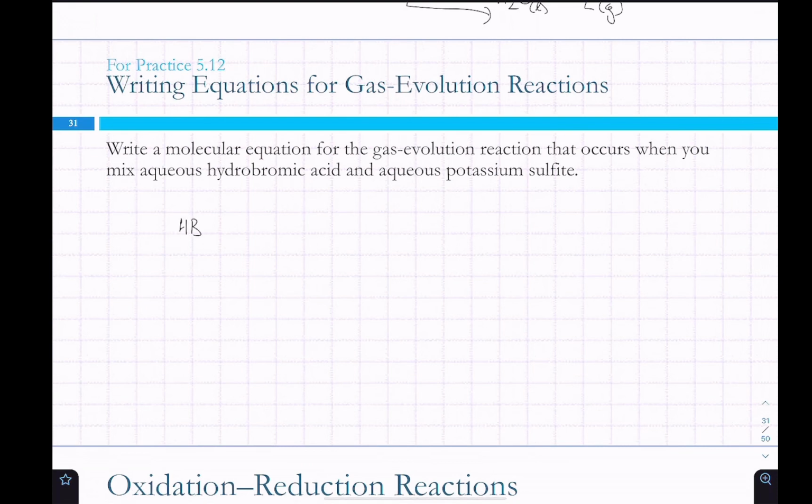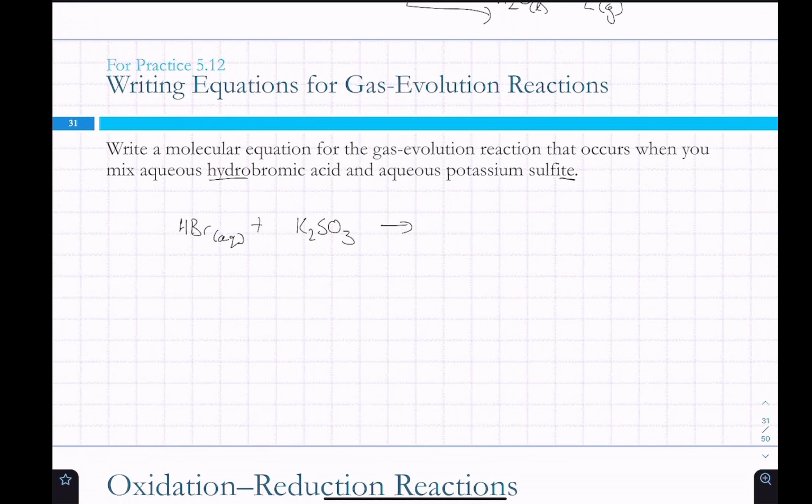HBr. We know that it's a binary acid because it starts with hydro. So hydrobromic acid, that's going to be aqueous. And then what's the formula for potassium sulfite? K2SO3. And again, that ite is telling us that it's 3 oxygens instead of 4. Sulfate would be 4 oxygens.